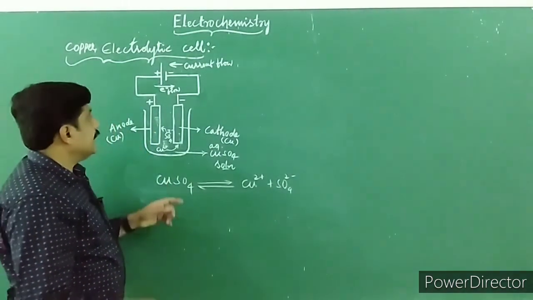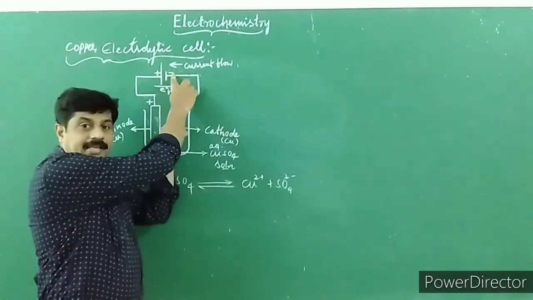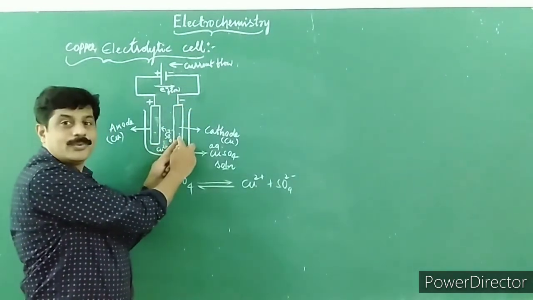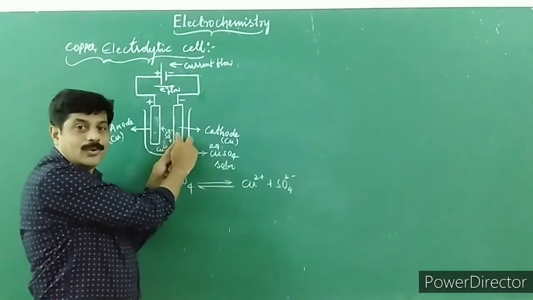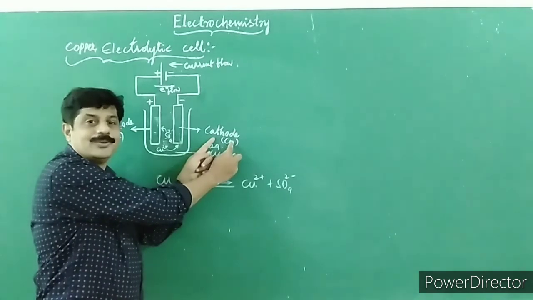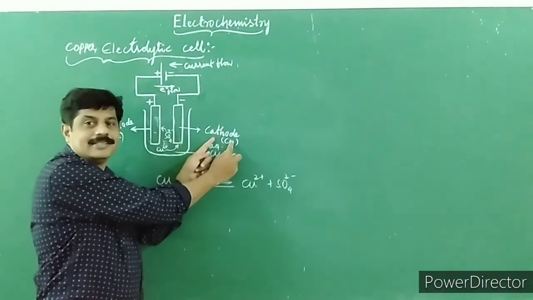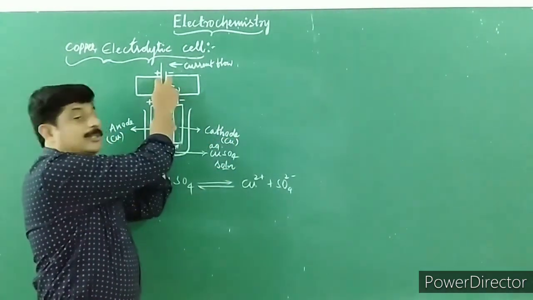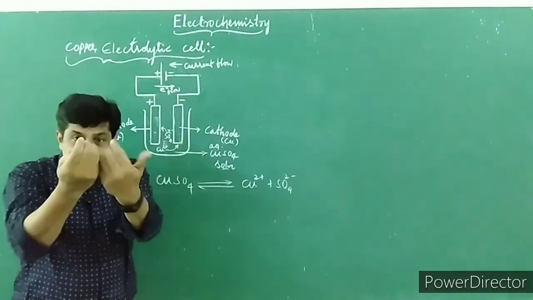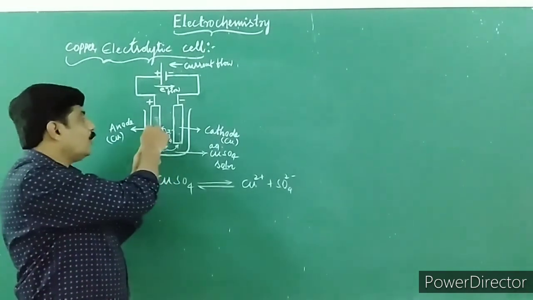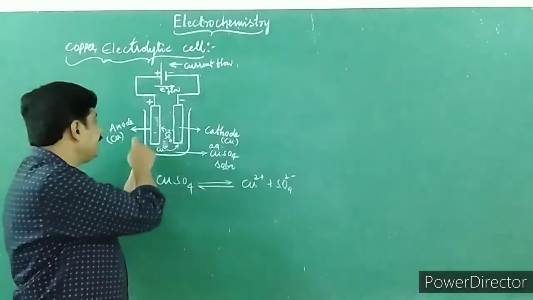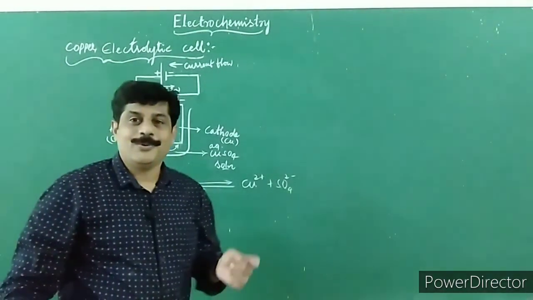Children, the negative terminal of the battery pushes the electrons towards the electrode, and this electrode develops negative potential and is called cathode. Hope you are getting that. Similarly, the positive terminal of the battery pulls the electrons from the electrode, and thereby it develops positive potential, and that will act as anode. Hope you are getting that.